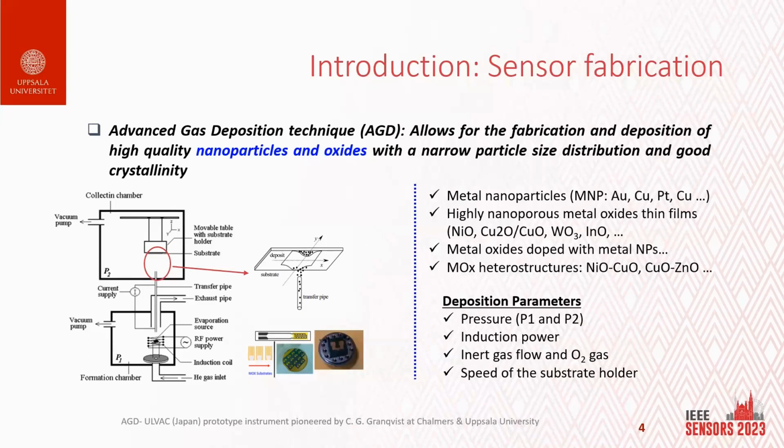You can manipulate the thickness of the metal oxide films, or make them porous, by controlling the pressure, the induction power, the inert gas, the flow of oxygen gas, and the speed of the substrate heaters.